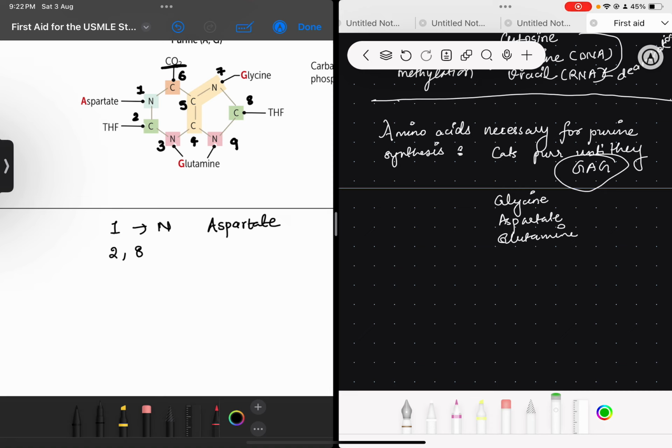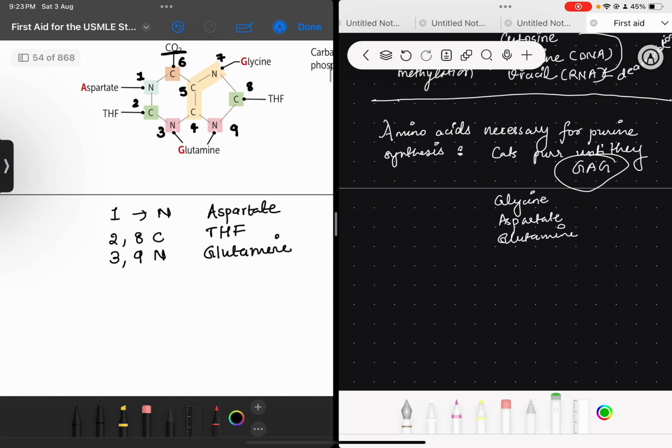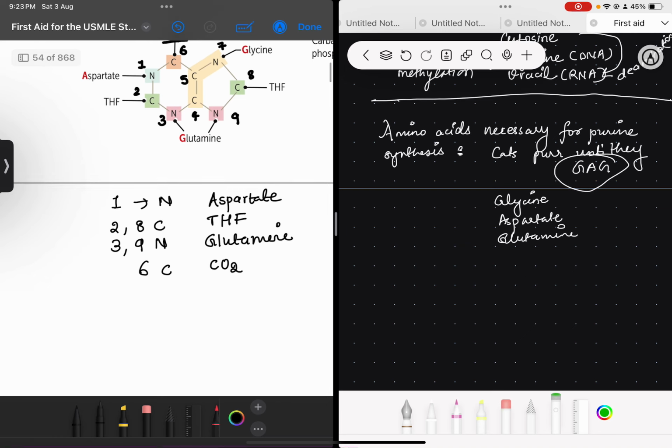Second and 8 carbon is going to come from the tetrahydrofolate. Then 3 and 9 nitrogen is going to come from glutamine. 6 carbon is going to come from CO2, and all others, that is 4, fifth carbon and 7 nitrogen, are going to come from glycine.